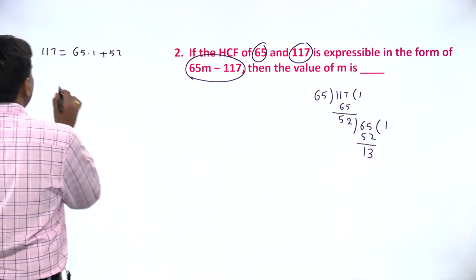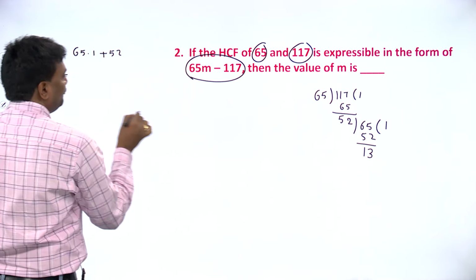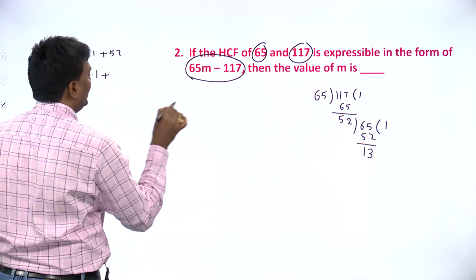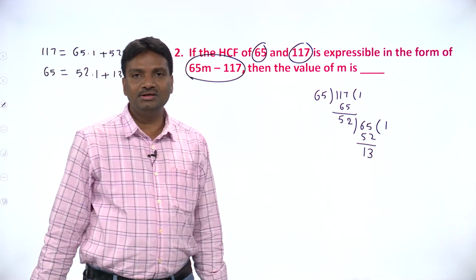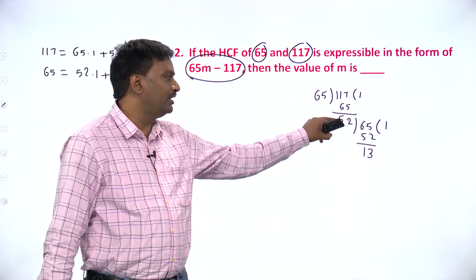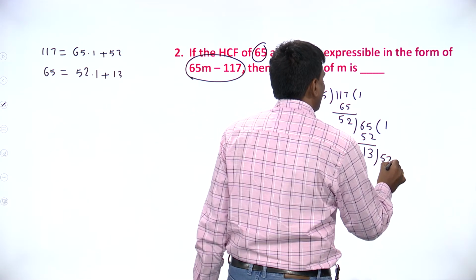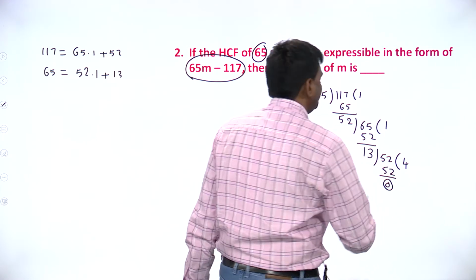Now, 65 can be written as 52 into 1 plus 13. Since the remainder is not 0, we have to divide the divisor 52 by the remainder 13. 13 fours are 52, now the remainder is 0.